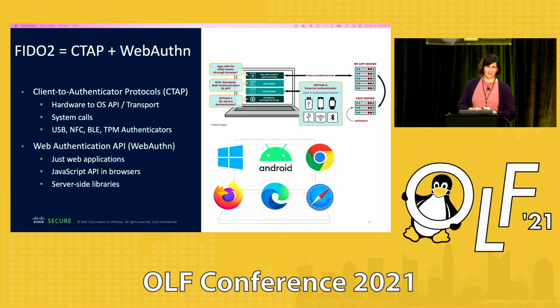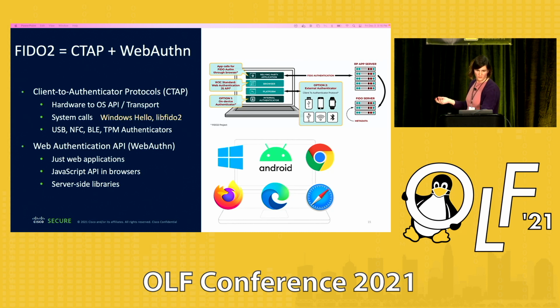The Web Authentication API, WebAuthn for short, is just for web applications. So this extends all of CTAP into your browser environment. Now you've got this JavaScript API in your browser, and then a couple of server-side libraries to make all of that go on the back end.